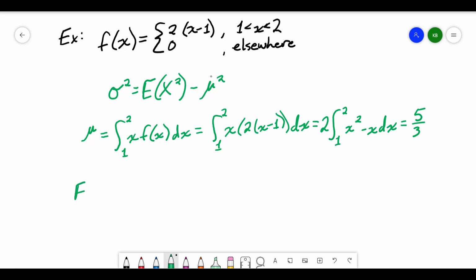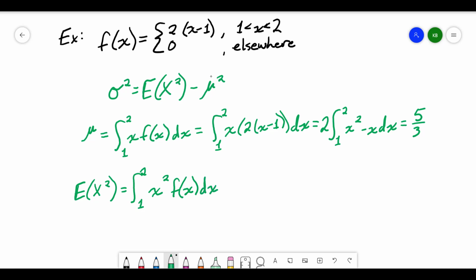Now, to find the expected value of my random variable squared, I'm going to be taking the integral, again from negative infinity to infinity, which is the equivalent of 1 to 2 here, since it's 0 everywhere else. And instead of using x, I'm going to be using x squared, f of x dx.